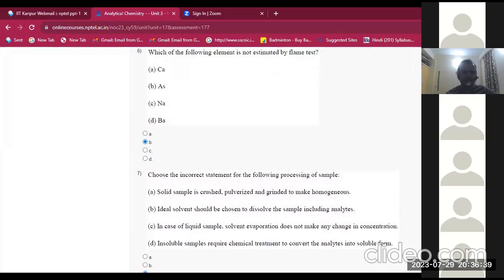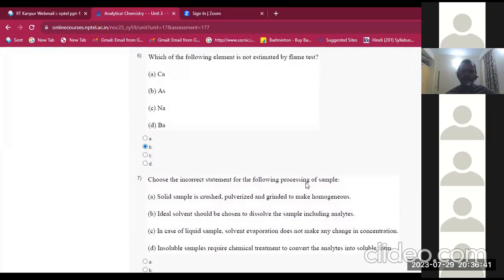Question number seven: choose the incorrect statement from the following. Solid sample is crushed, pulverized, and ground to make it homogeneous. An ideal solvent should be chosen to dissolve the sample, including the analyte. In the case of a liquid sample, solvent evaporation does not change the concentration.